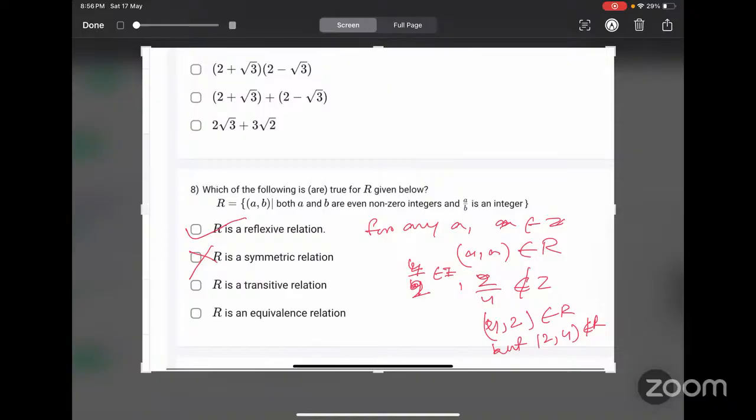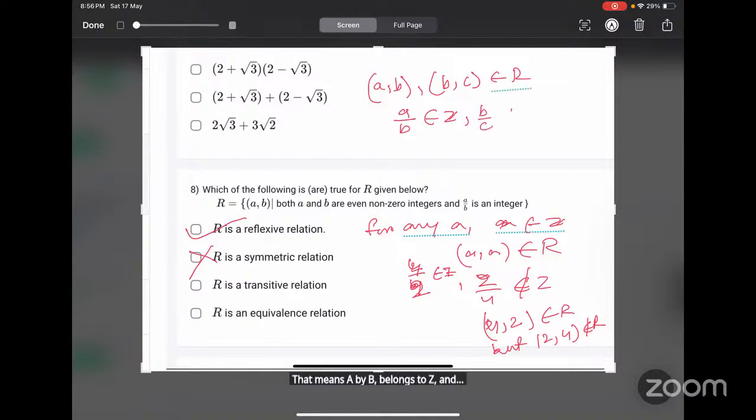And if A comma B and B comma C belong to R, that means A by B belongs to Z and B by C belongs to Z. Then their multiplication will again be a member of Z, right? If I have two integers, their multiplication is again an integer, right?